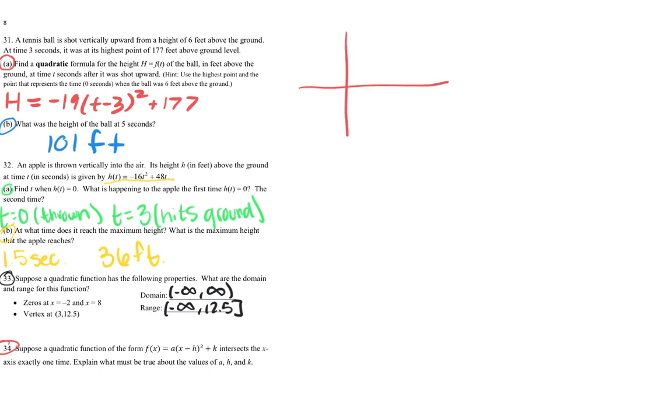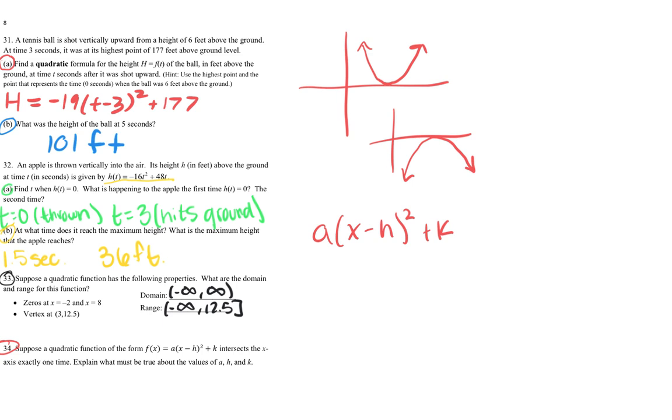If this graph only touches the x-axis one time, it would have to look something like this, right? Or this. So if we notice this function, a times x minus h squared plus k, this is in vertex form, and we just decided that our vertex is going to have to be on the x-axis, right?